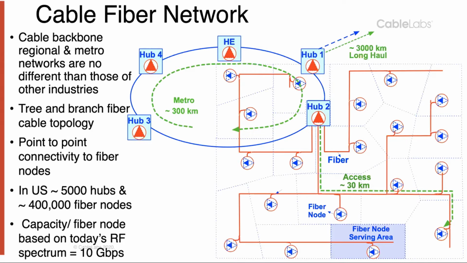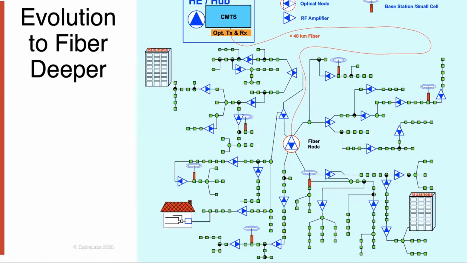So let's take a closer look at the fiber node, which is that square depicted in the previous slide. You have the fiber node here in the middle, and you have fiber connectivity to the hub. On average, most of our links from hub to fiber node are less than 40 kilometers.